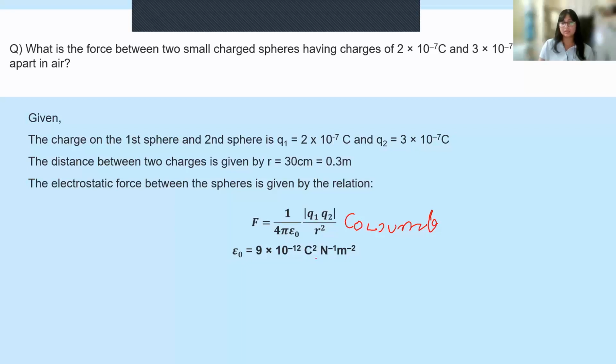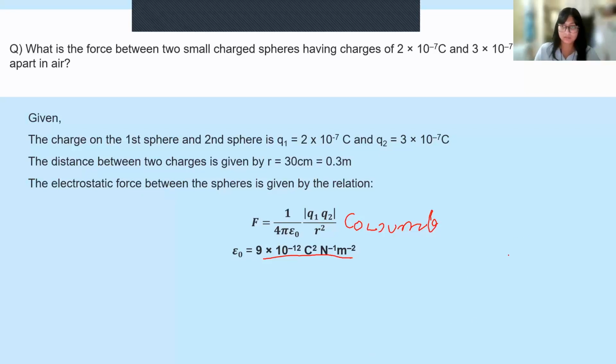This epsilon 0 is this value, so you put this value over here. You put 2 and 3 over here, and then you also do r square. Let's see what this gives you.